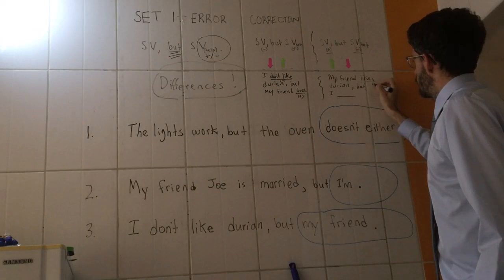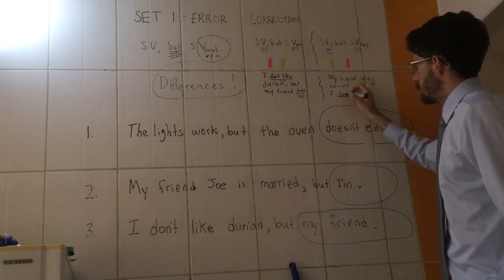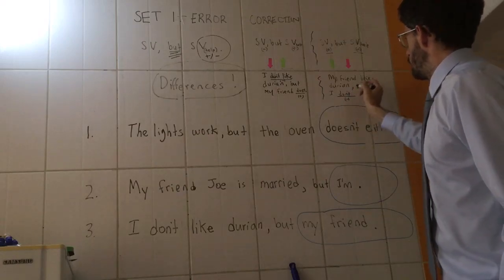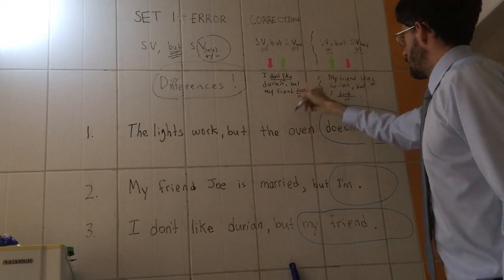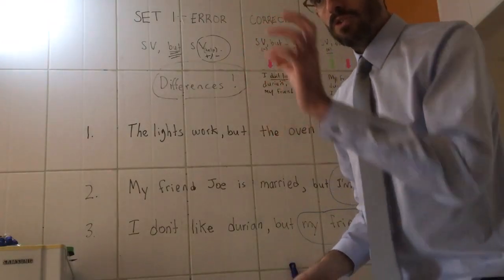My friend likes, positive, durian, but I don't, negative, okay, period. So these are examples. These two mean the same thing, okay? So it doesn't matter if you put it first or second.